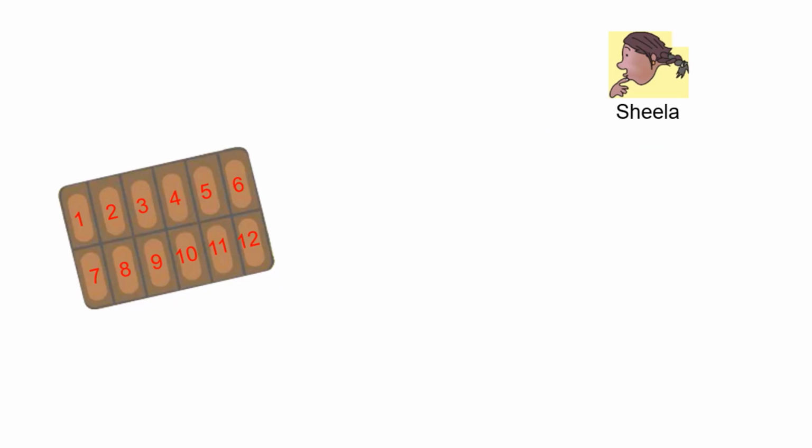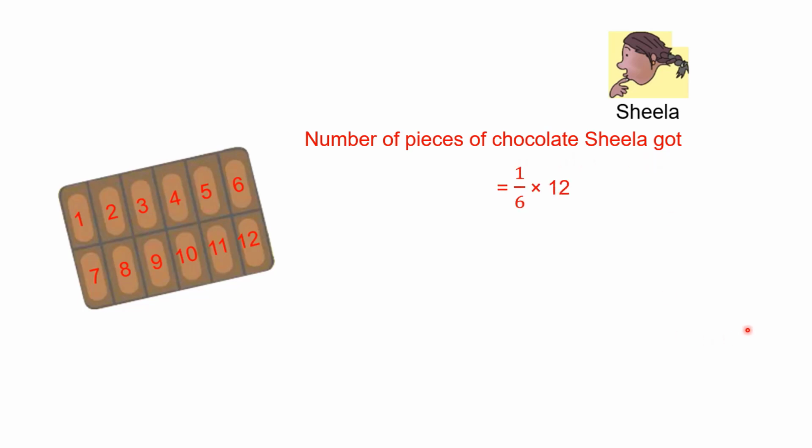Let us find out the share of Sheila. Number of pieces of chocolate Sheila got. Sheila got 1/6 of 12 pieces. That is 1 by 6 multiplied by 12.